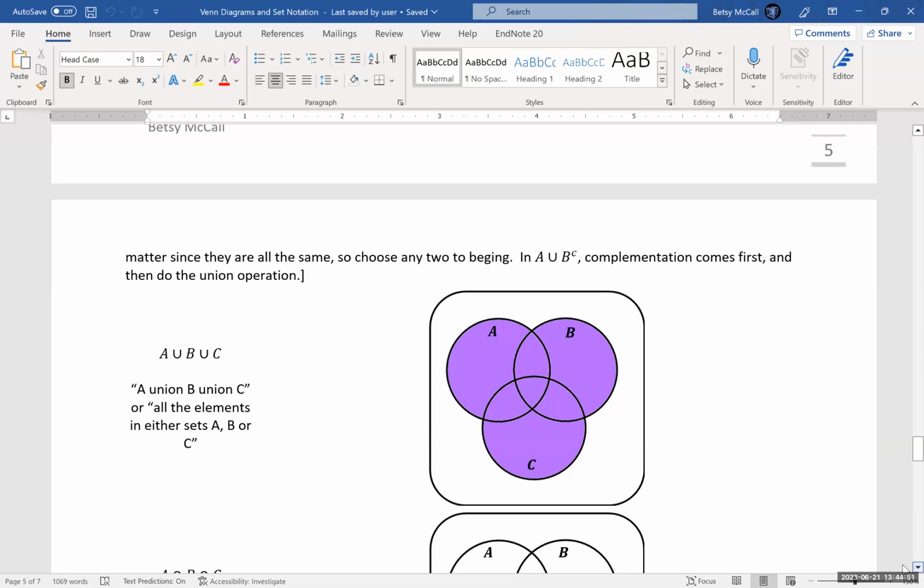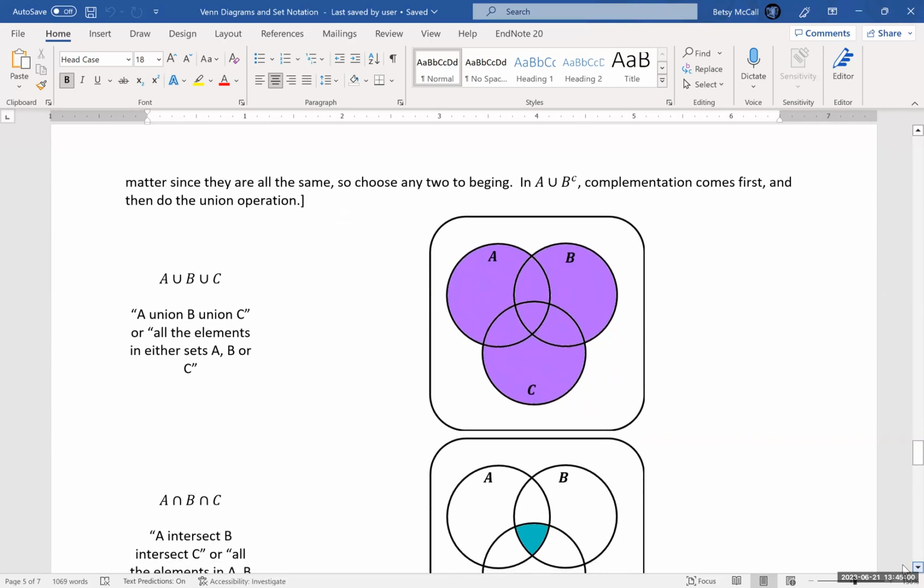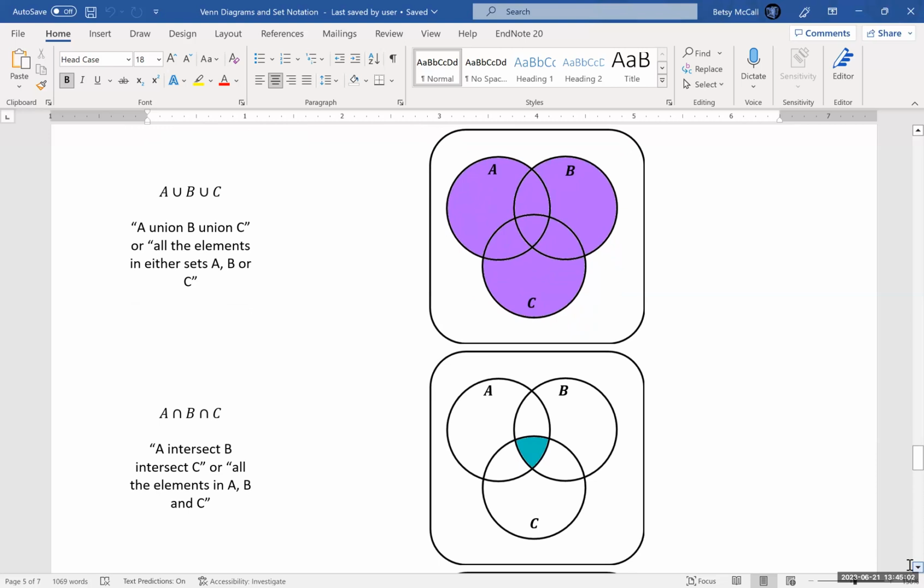And so you don't have to specify which 2 you're going to combine first, and then the third one, because it doesn't matter. And then same thing for the complement.